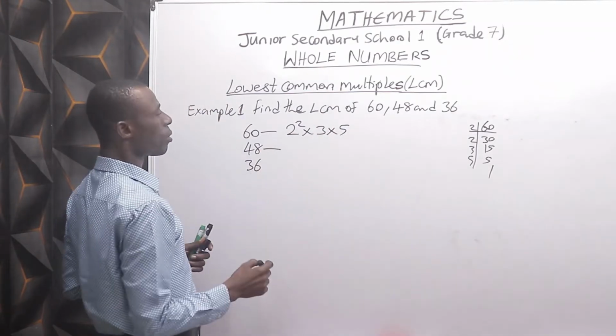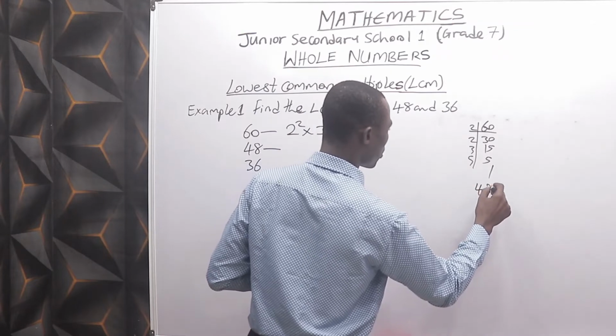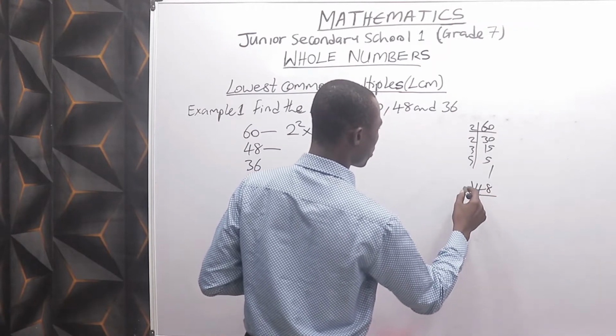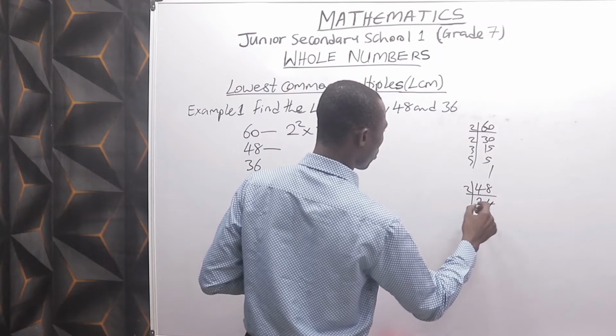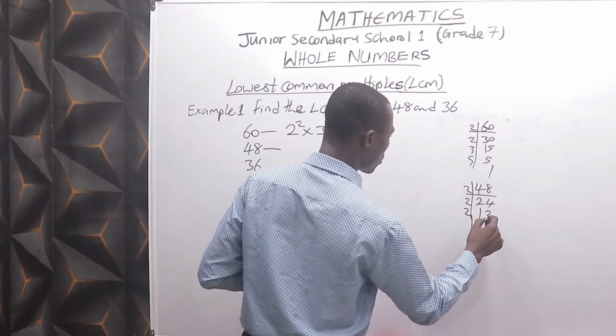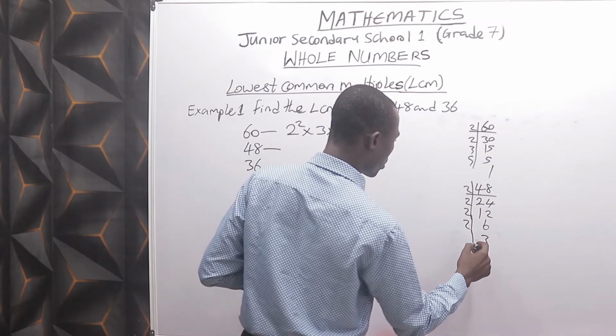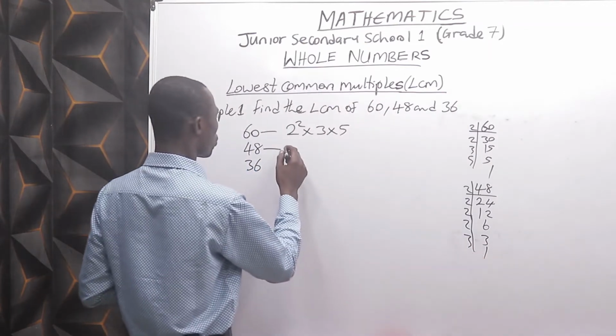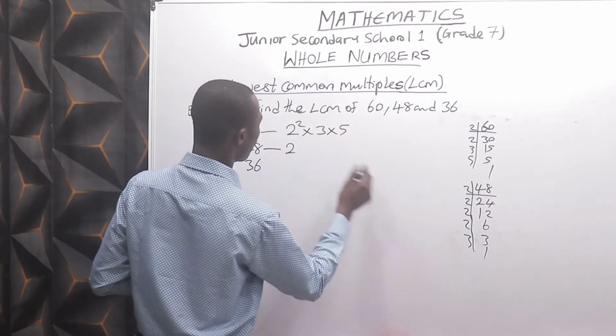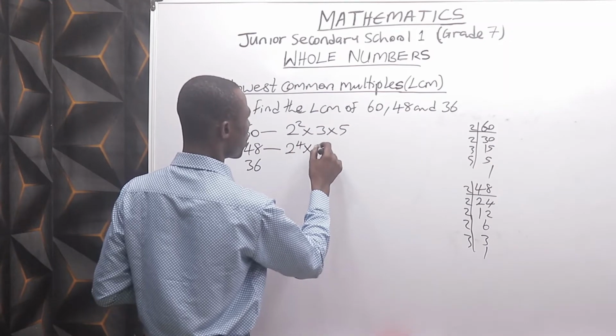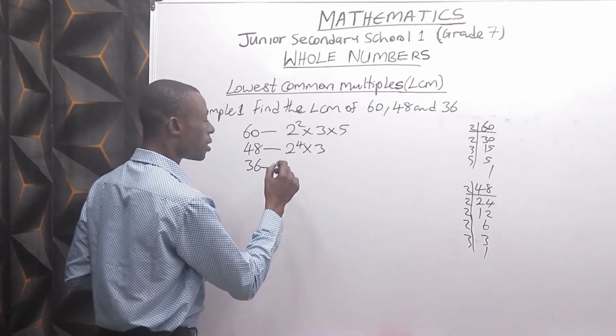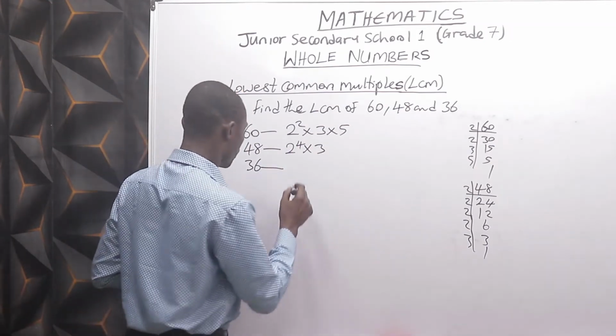Do the same thing for 48. 2 in this, that's 2, 4, 1, 2, 6, 3, 1. So that is 2 raised to power 4 times 3. Do the same for 36.